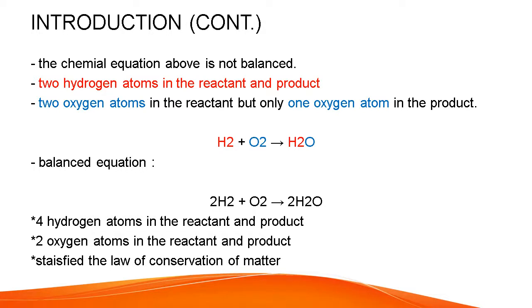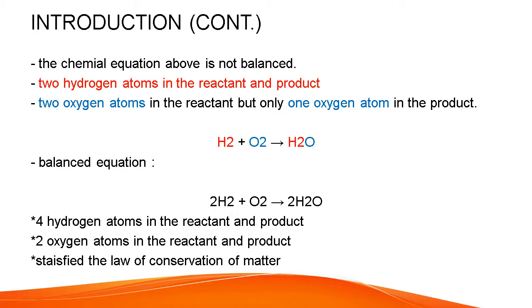Based on the chemical equation mentioned before, the equation is not balanced. This is because even though there are two hydrogen atoms in the reactant and product, there are two oxygen atoms in the reactant, but only one oxygen atom in the product. So, to balance it, you can simply add a coefficient in front of the molecules on the product side and the reactant side.